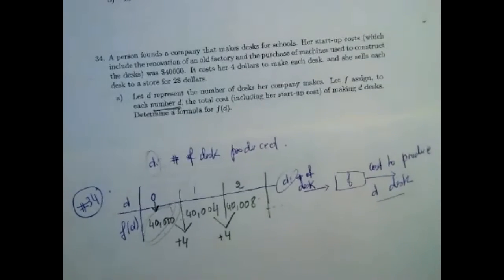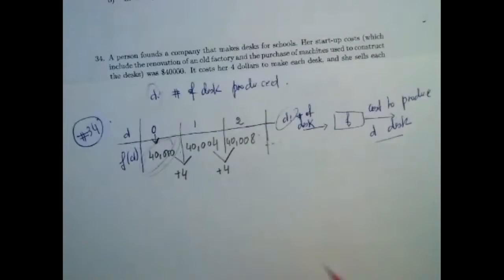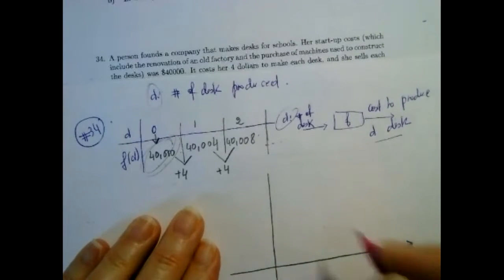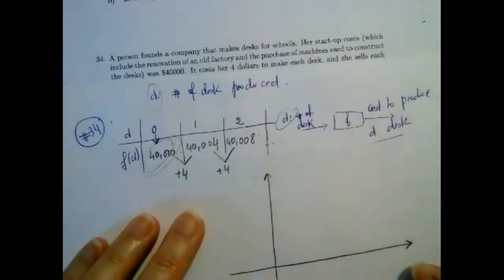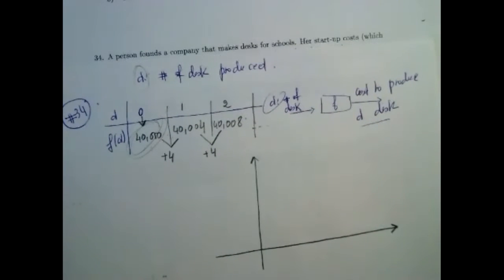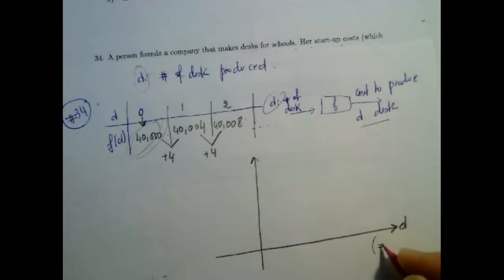Okay, before we find a formula, if I want to sketch the graph of this function, what goes on the horizontal axis? Number of desks, absolutely. That's D, my input.